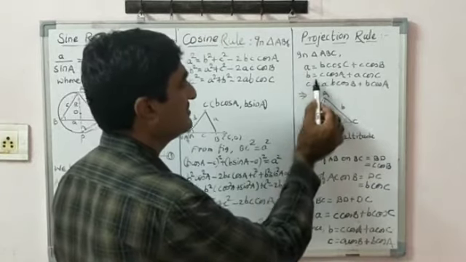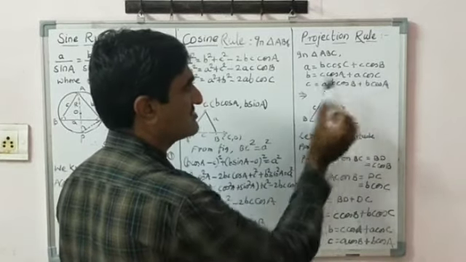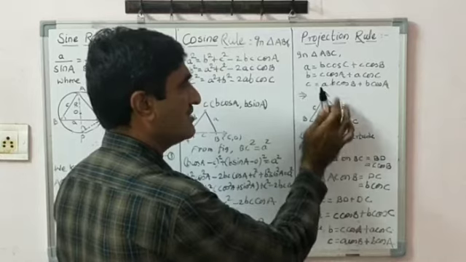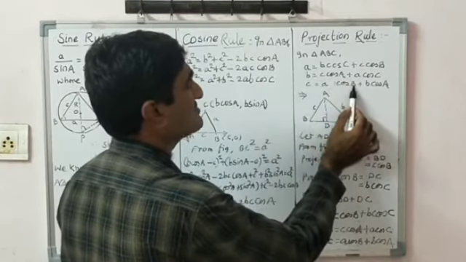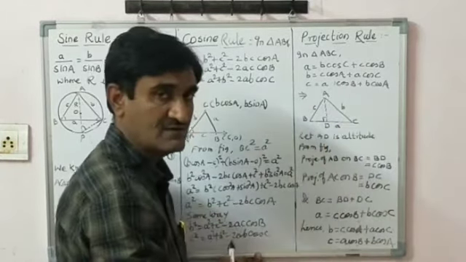Now consider B is equal to C cos A plus A cos C, and C is equal to A cos B plus B cos A.